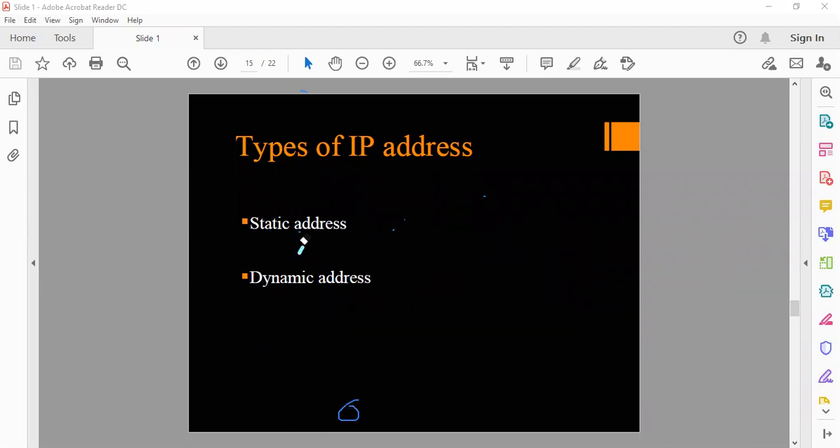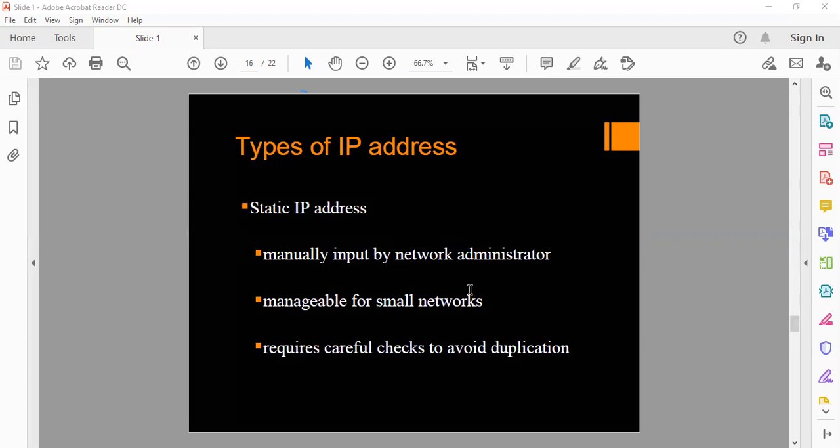While with static, as I said, if you have a printer, you assign a specific static IP address to that device in your network. As written here, and as Sharif also explained, static IP addresses are manually assigned to any device by a network administrator or network engineer.